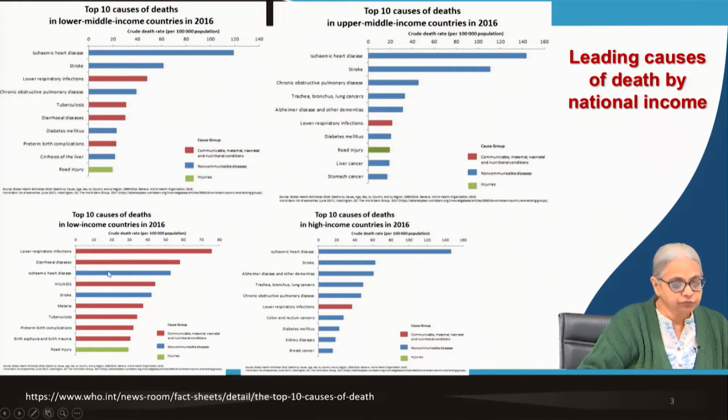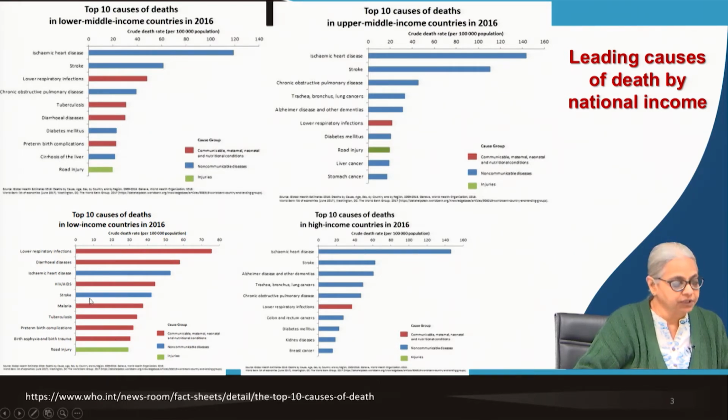And you can see out of the top 10 causes of death, we have lower respiratory infections, diarrheal diseases, HIV or AIDS, malaria, tuberculosis, birth complications, and birth asphyxia. The red bars are communicable diseases, and most of these communicable diseases tend to be due to microbial organisms.